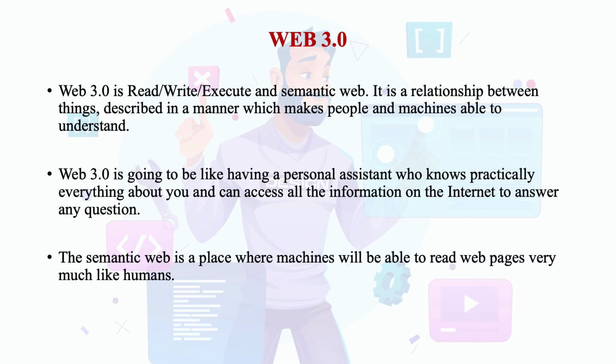The semantic web is a place where machines will be able to read web pages very much like humans. That is the basic underlying statement. It will help the user to understand the statement. It is not just pattern recognition or search through patterns.